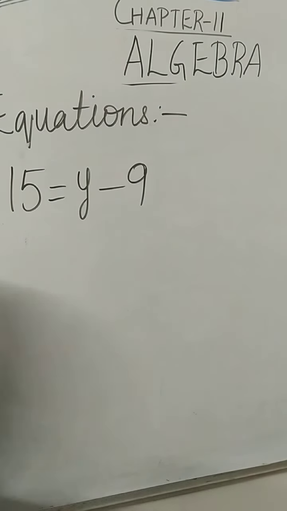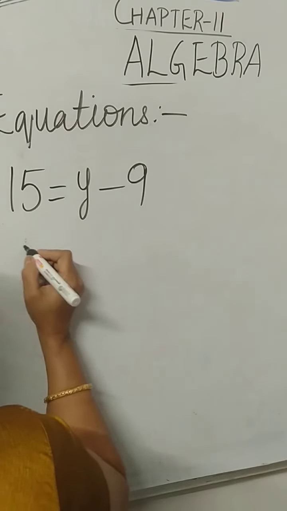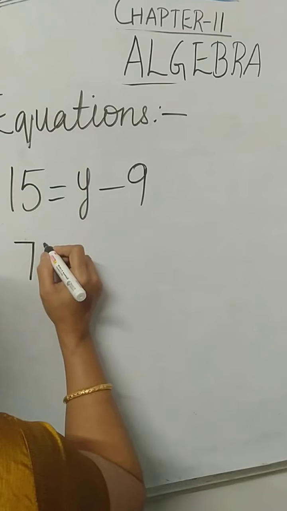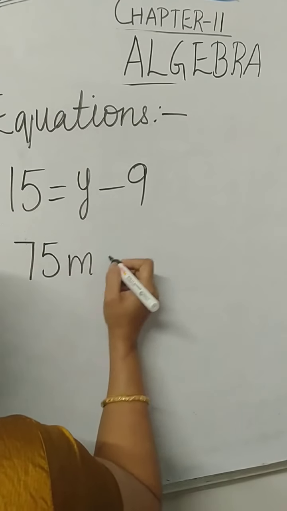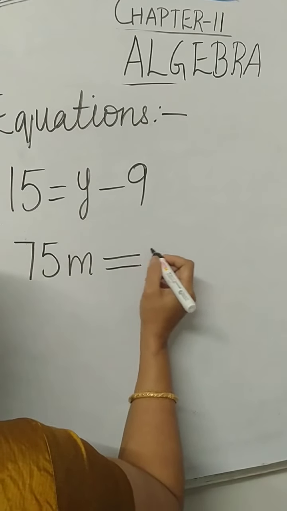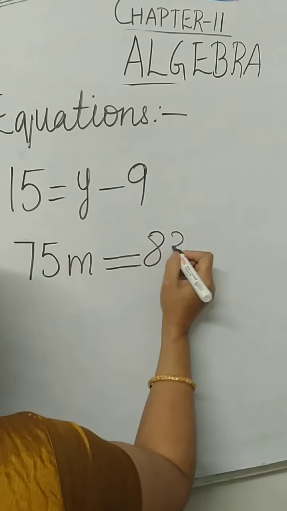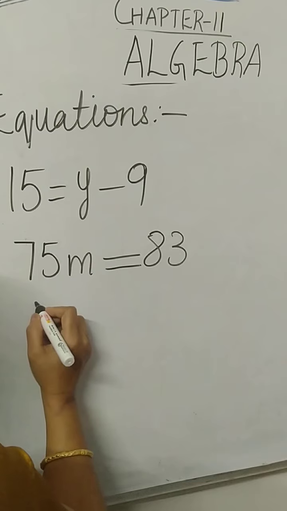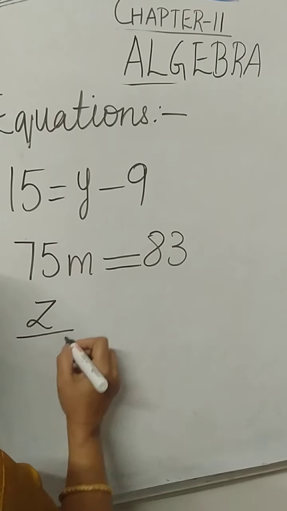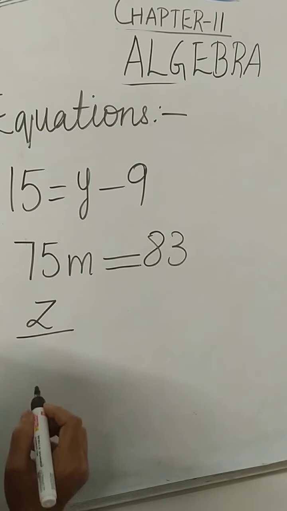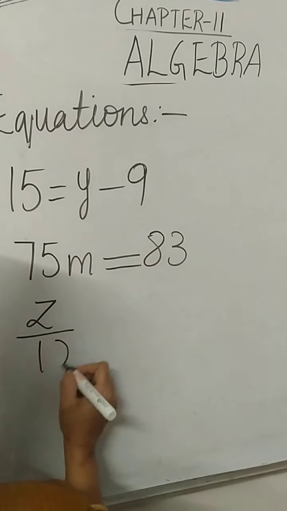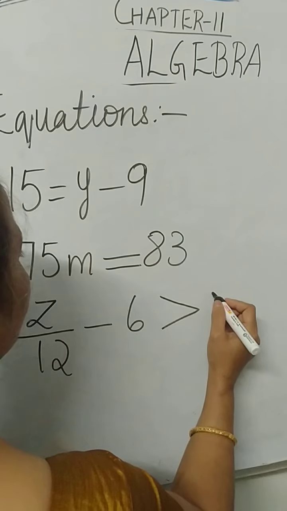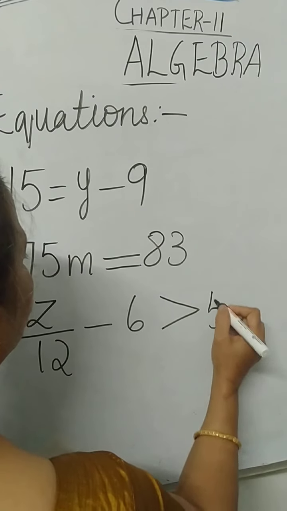This is an equation. 75 m is equal to 83. This is also an equation. Z by 12 minus 6 is greater than 15.